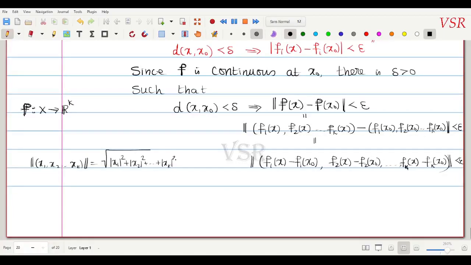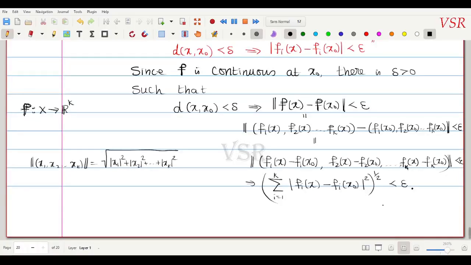So in this case, this implies that the summation over i equal to 1 to k of modulus of fi of x minus fi of x naught, the whole square, the whole power 1 by 2, has to be less than epsilon.